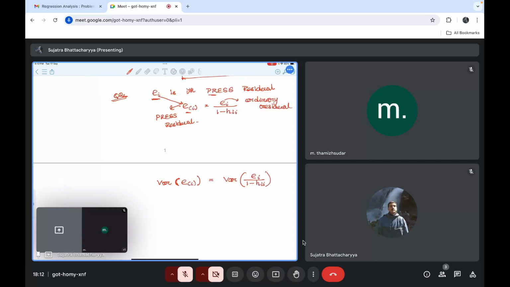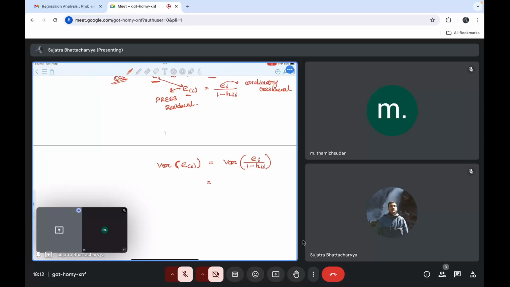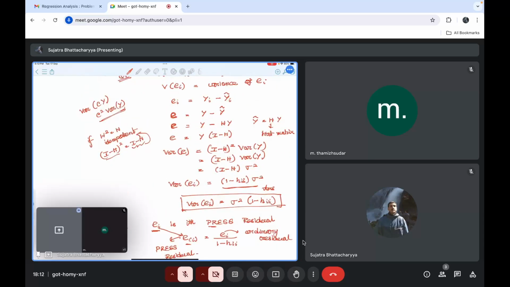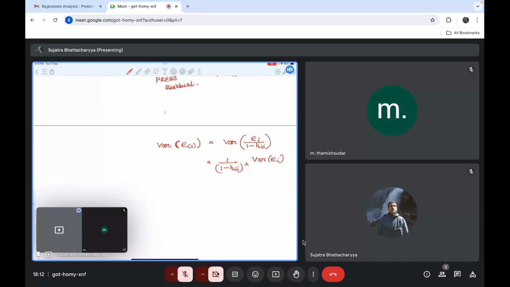Now if you do this, you will get 1 upon (1 minus h_ii) whole square, into the variance of e_i. Why? Again, with the same property that variance of cY is equal to c square variance of Y, because 1 minus h_ii is a constant quantity.